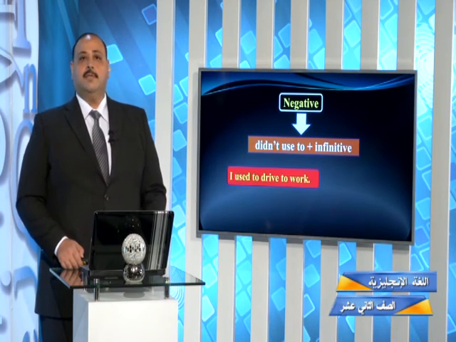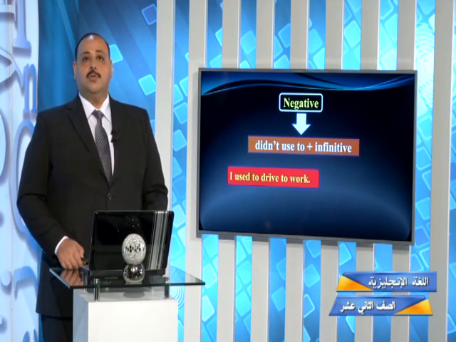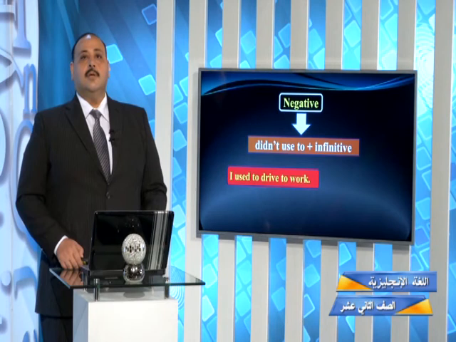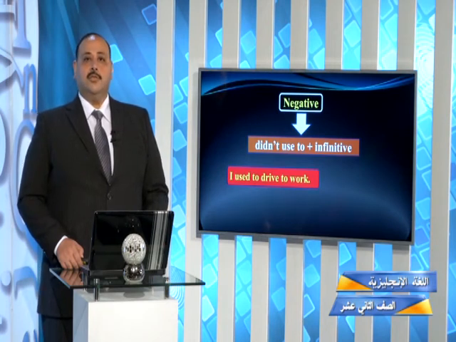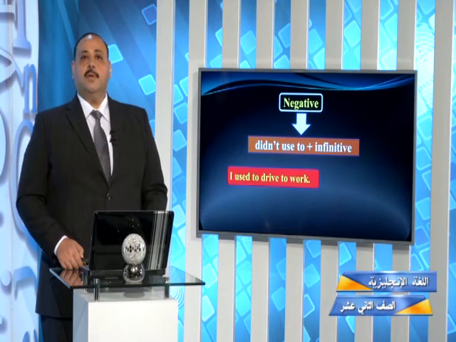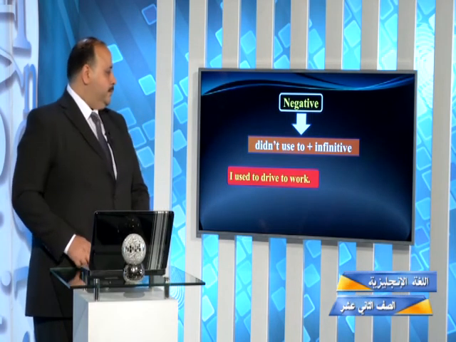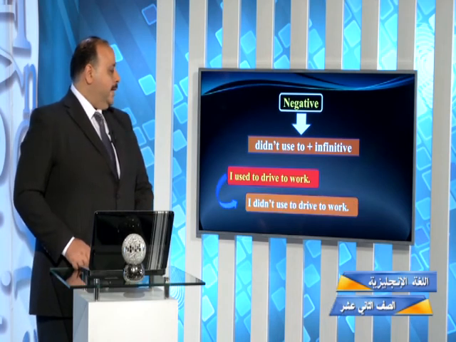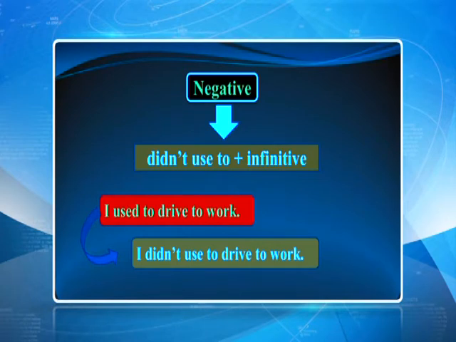As you know, it means that in the past, I used to drive to work. So we want to change it into negative. How can I change it into negative? As you see the rule, we can use didn't plus use to plus the verb. I didn't use to drive to work. So the negative is didn't use to plus the infinitive.